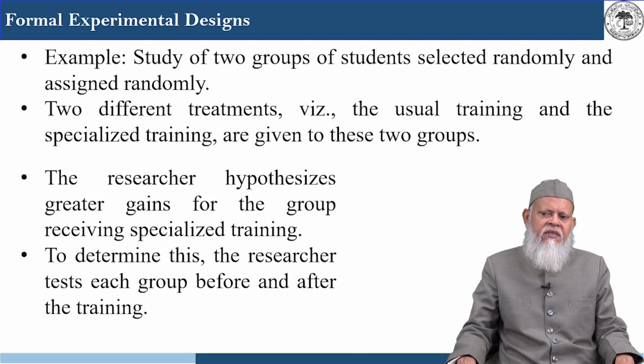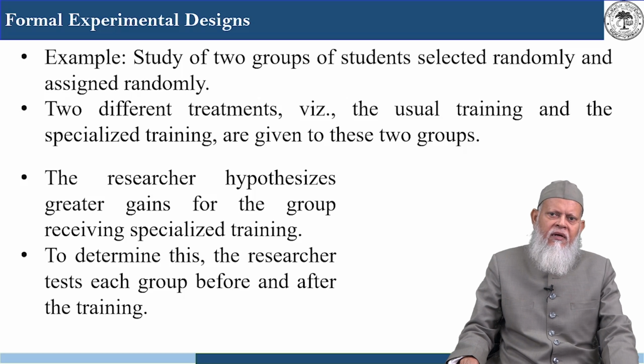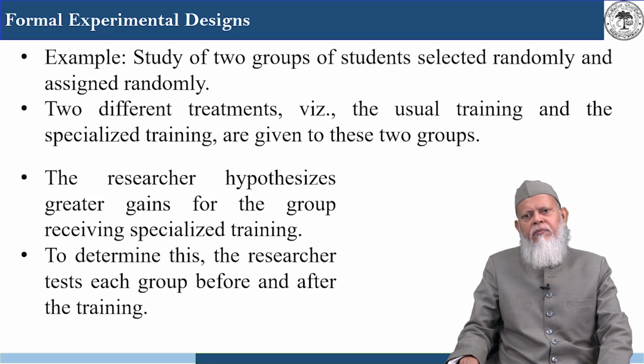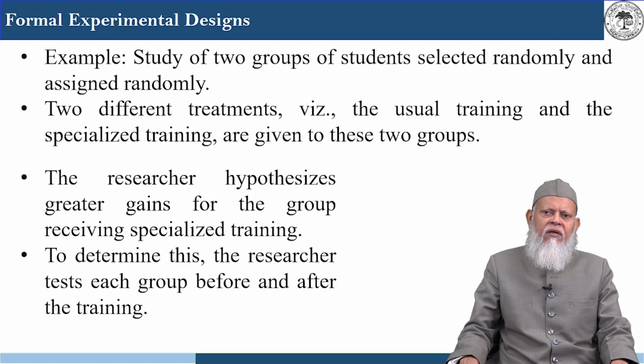Now, the researcher hypothesizes greater benefits, greater gains, for the group who receives the new medicine. So, there is an experimental group who would be administered the new medicine, whereas there is a control group who would be administered the normal medicine.